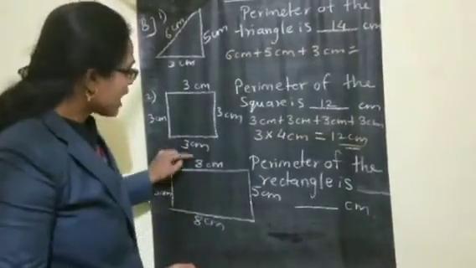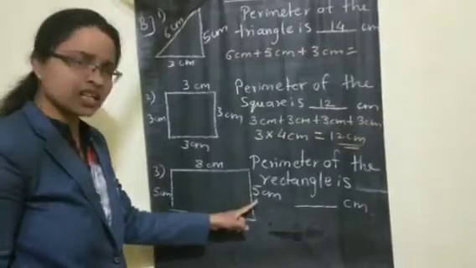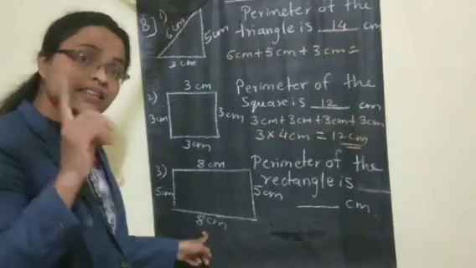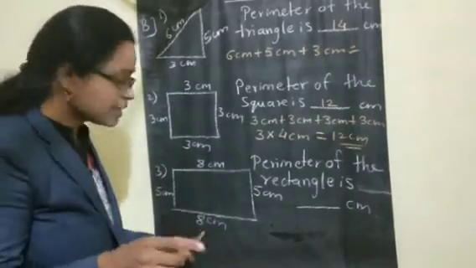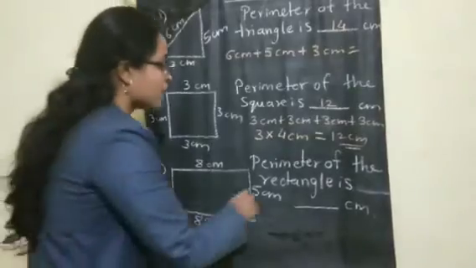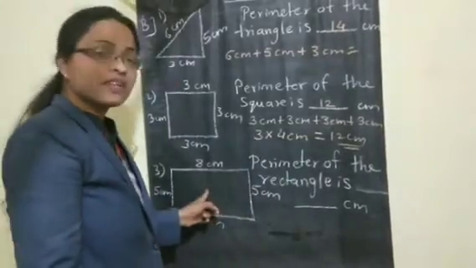Here also, as the opposite sides of a rectangle are equal, always opposite sides you will get equal length: 8 centimeter, 8 centimeter, 5 centimeter, 5 centimeter. So now we have to find the perimeter of the rectangle.